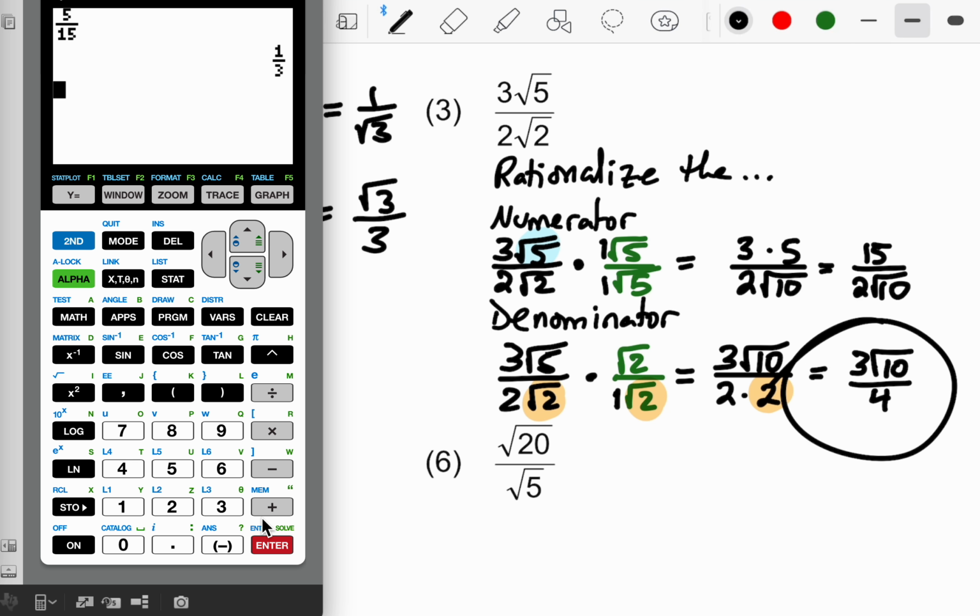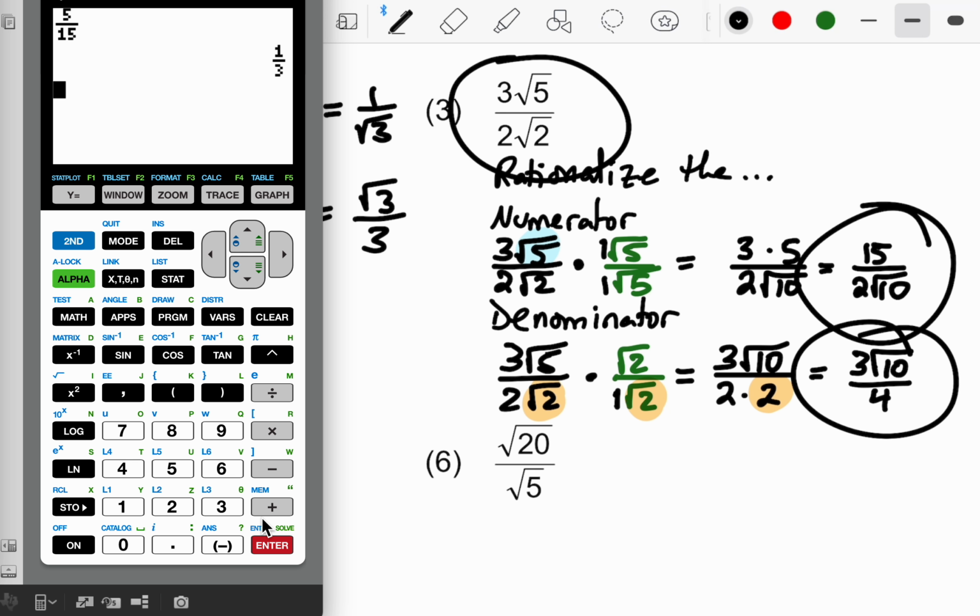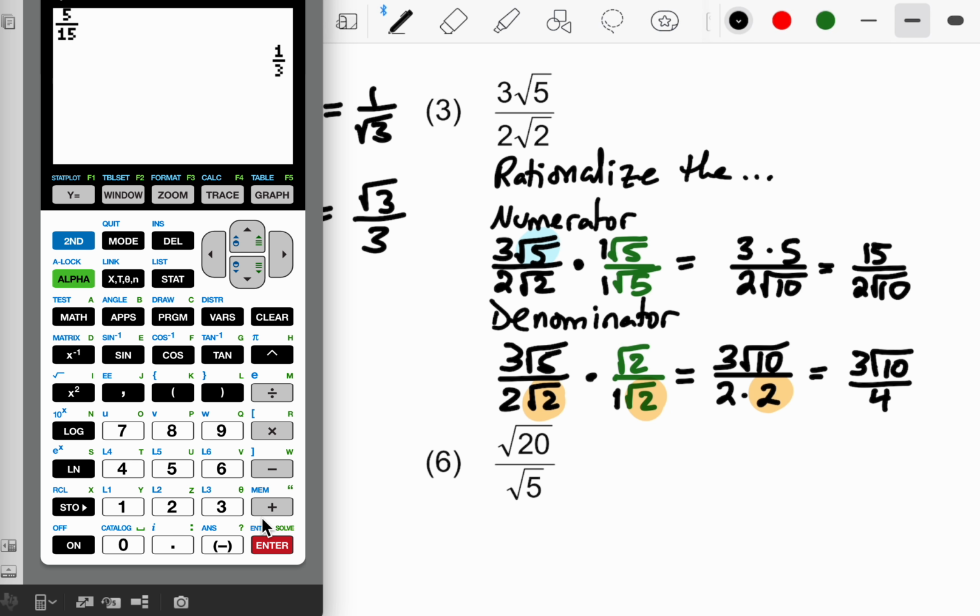Yeah, so no matter what you do, you're going to bounce back and forth between these 3 fractions, whether you rationalize the top or the bottom or neither. So you're always going to have at least one radical? Yeah, if there's a radical in there, there's always going to be a radical in there.